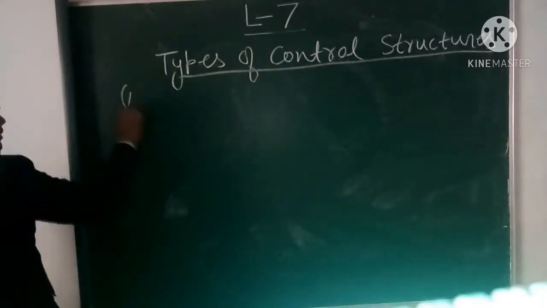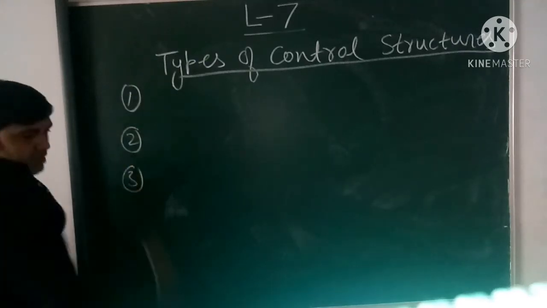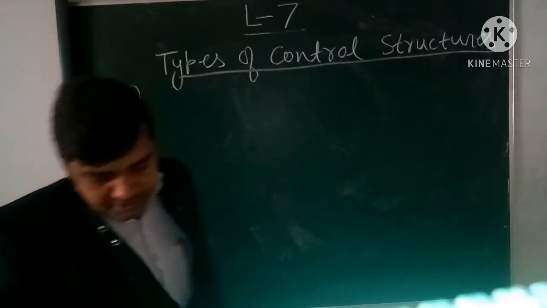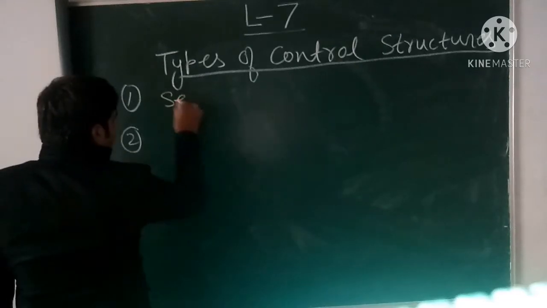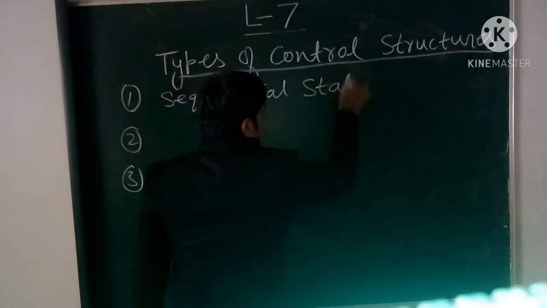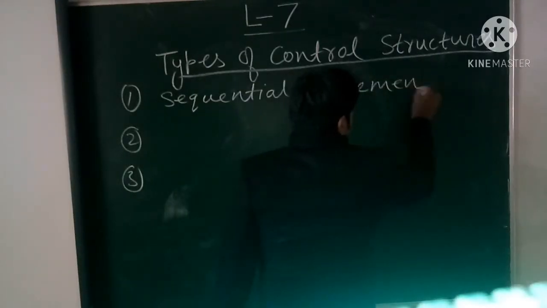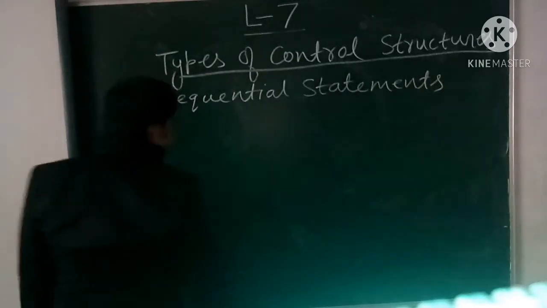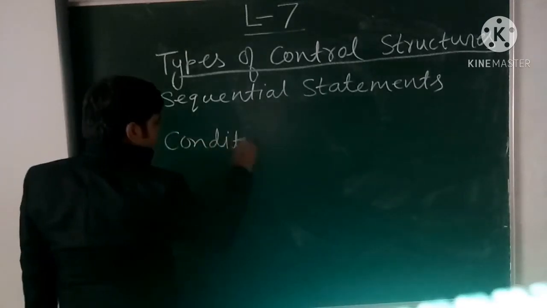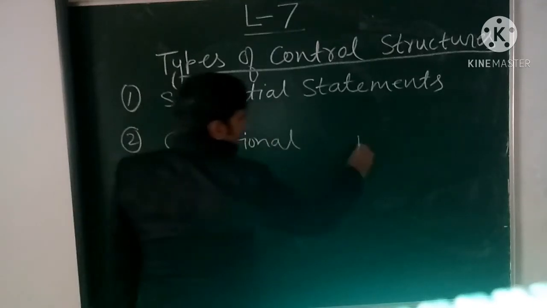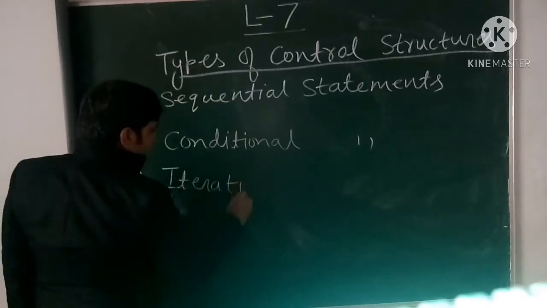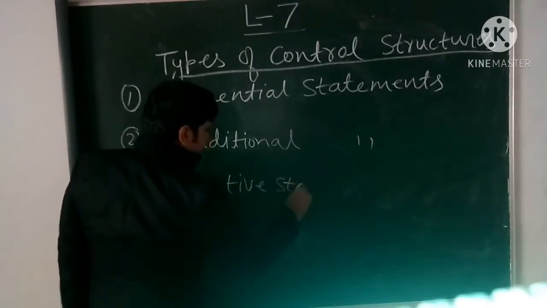See, this control structure is of 3 types: sequential statement, conditional statement and the iterative statement, that is the loop.